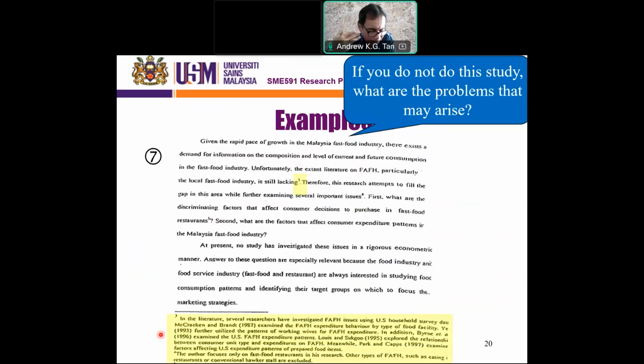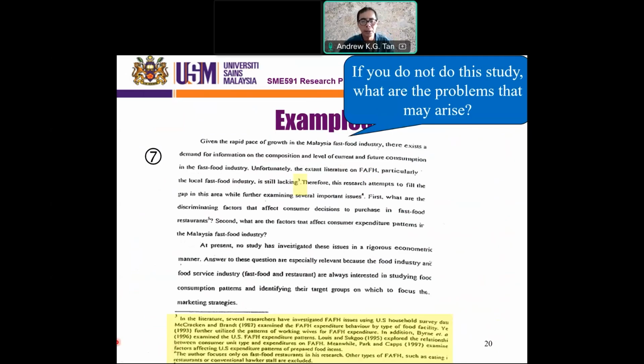Literature review has a separate section by itself, a separate chapter by itself, or definition. "The author focuses only on fast food restaurant in his research. Other types of FAFH, such as eating in restaurants or conventional hawker stalls, are excluded." All this is definition. It should be in the introduction.